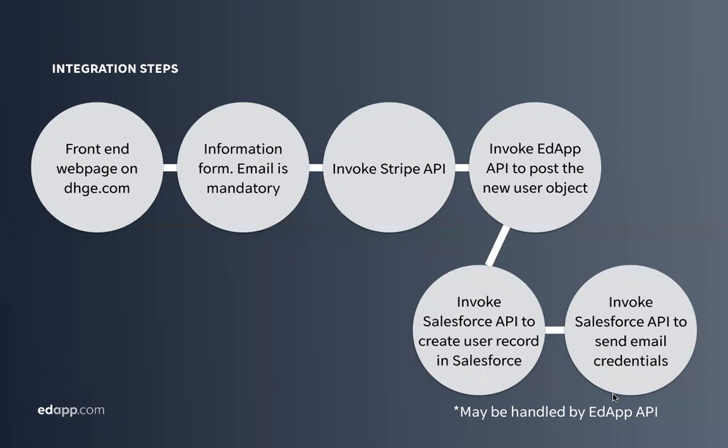Then if the user is successfully added to Ed, we invoke the Salesforce API, which is the CRM that Dignity Health Global Education uses. We add or update the user information there, and then we send an email to the user using, again, whatever provider has an API. It could be the EdApp API, it could be Gmail, it could be Salesforce. In this case, it was Salesforce, and we send the user the information about how to log on, how to download the app, the stuff that Luke showed you.